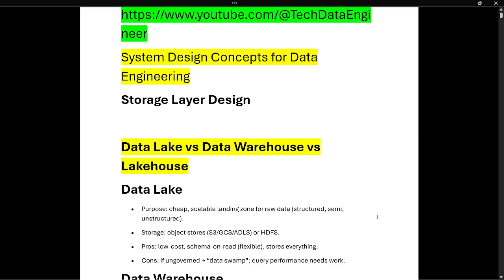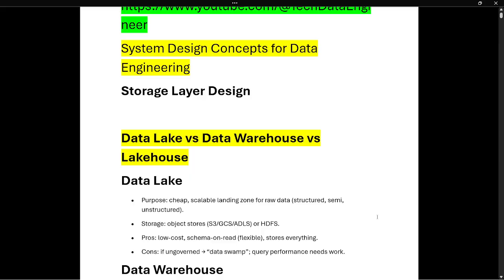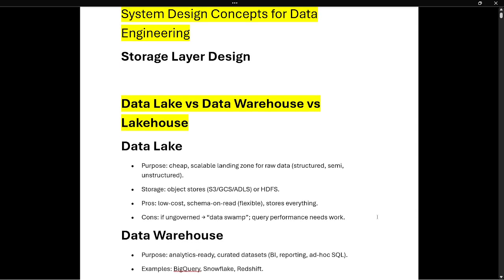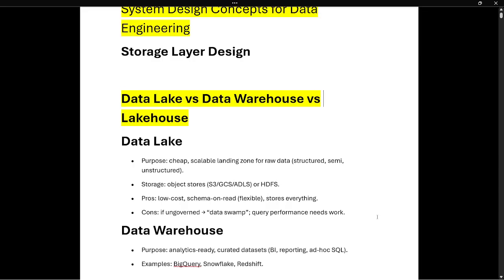So let us start with data lake, data warehouse versus lakehouse design. We have to see in which scenario we go for a data lake, a data warehouse, or a lakehouse. I'll explain with a real-life analogy. Why are we storing something?